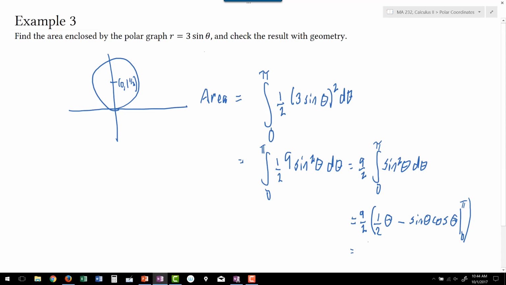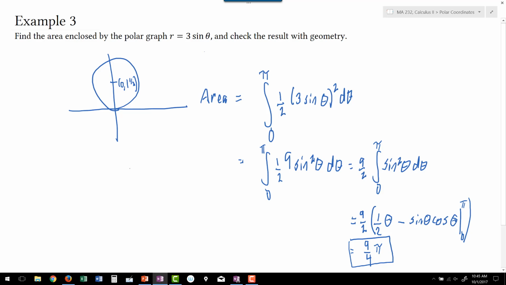That result is going to be 9/4 pi. If I plug in theta equals pi, I get pi over 2 minus, now the sine pi is 0, so that would go away. And if I plug in theta equals 0, I would get 0 minus 0. So the only piece of this that gives me a contribution is when I plug theta equals pi in, and then the 9/2 combines with the pi over 2 to give me my 9/4 pi.